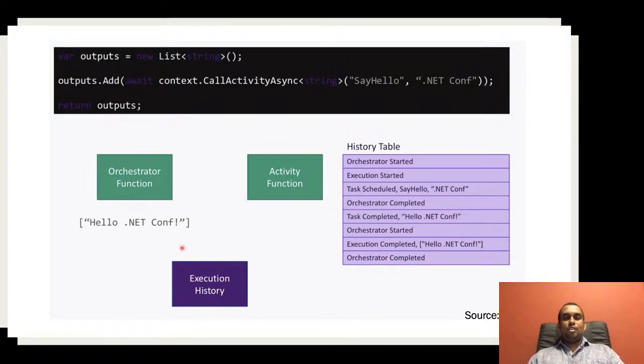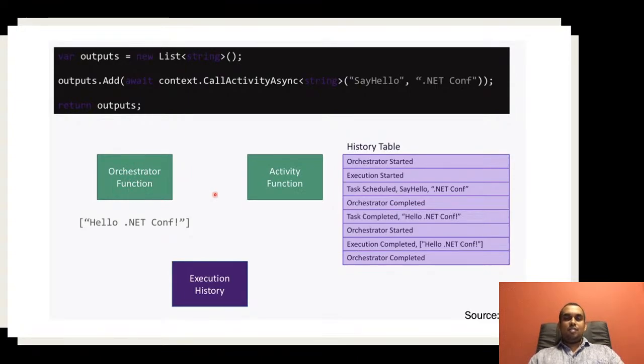So what are the components of a durable function? First of all, you need an orchestrator function, right? The orchestrator is the thing that is managing all these things. Even though it is a function, it will wake up and then shut down once the piece of work is done.